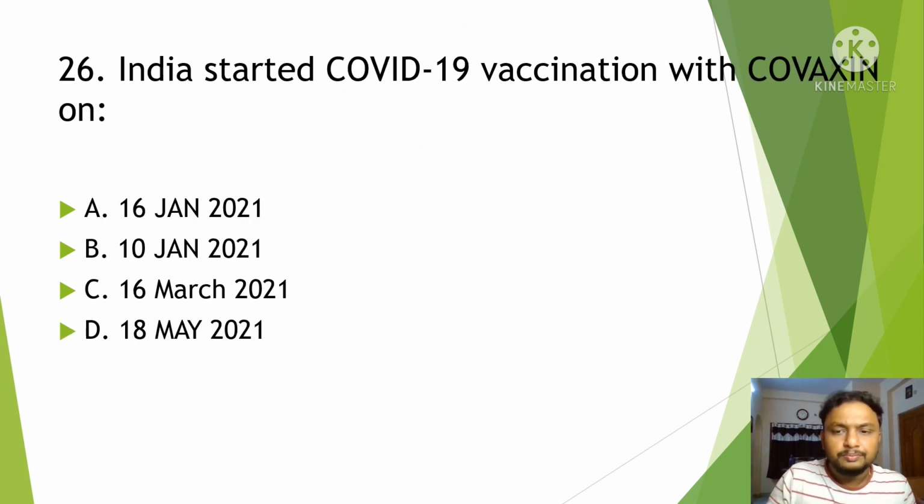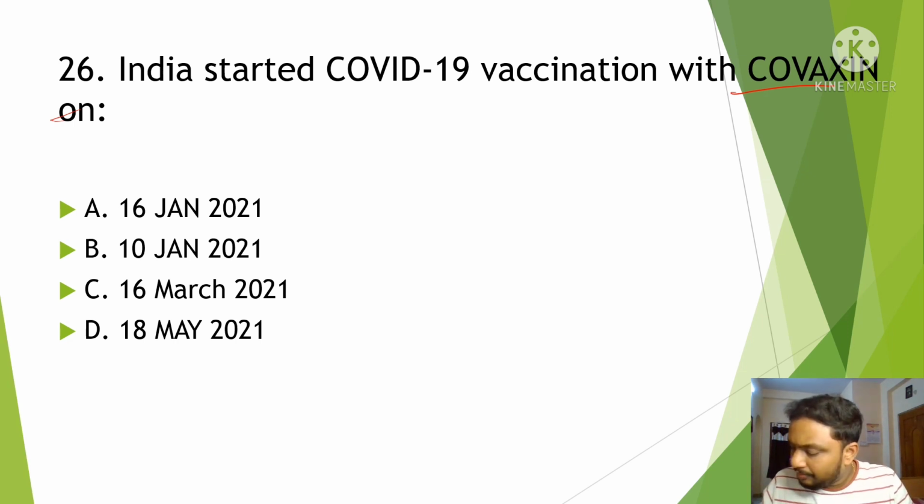Next, India started COVID-19 vaccination with Covaxin on which date: 16th Jan 2021, 10th Jan 2021, 16th March 2021, or 18th May 2021? When did the COVID vaccination start initially? Tell me the date.